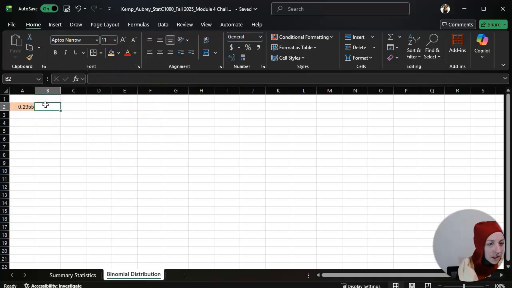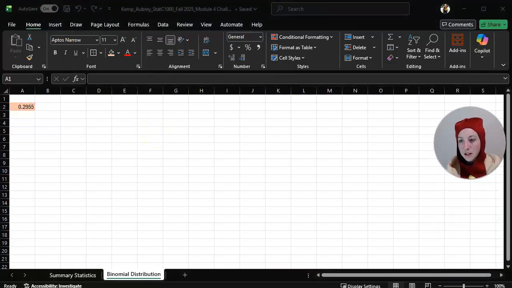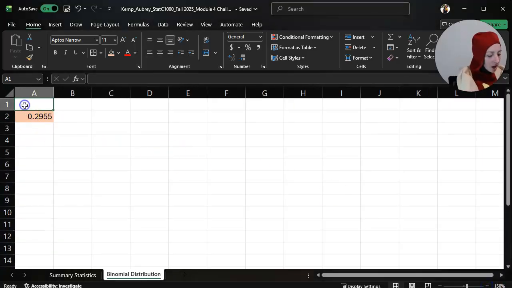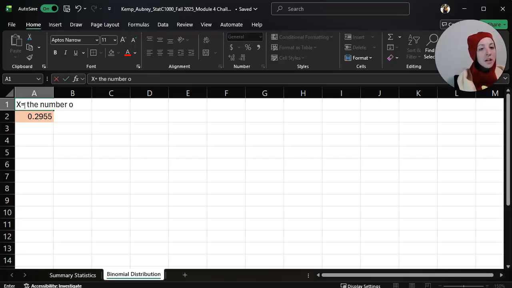What we're going to do in our binomial experiment, and I'm going to zoom in here so that you can see what I'm typing, is let X be the number of people who guess within 100 of the right number of candy corns.